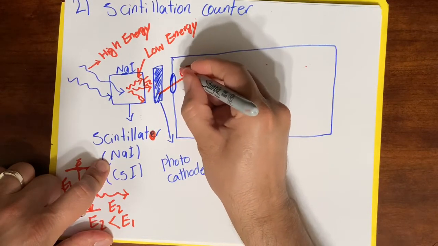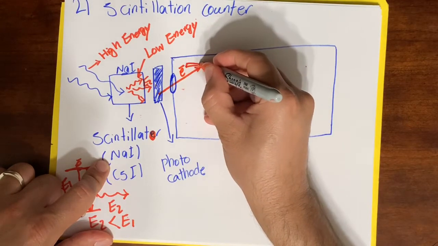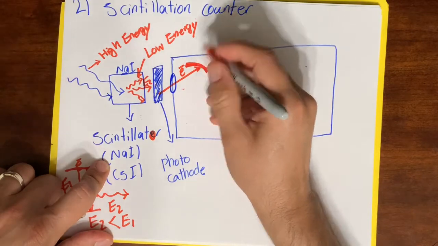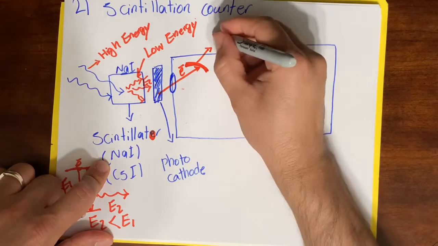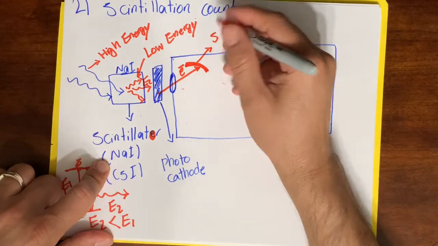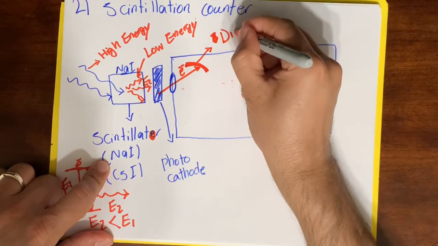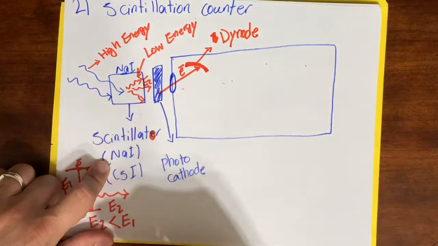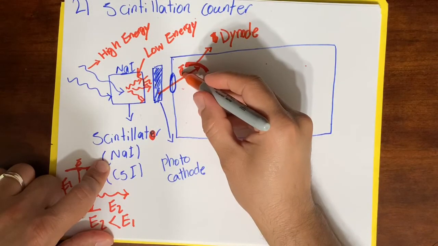So we have an electron, and the electron will hit this surface. What is it? This one is secondary. Sorry, it's going to be a diode. Okay. A diode will get this electron.